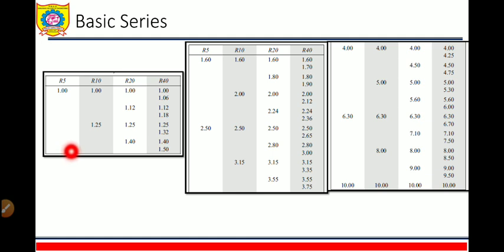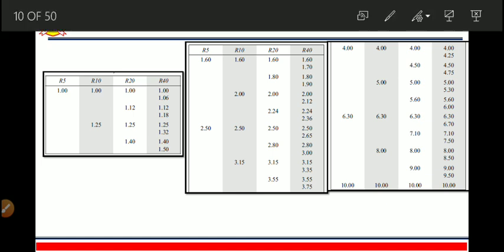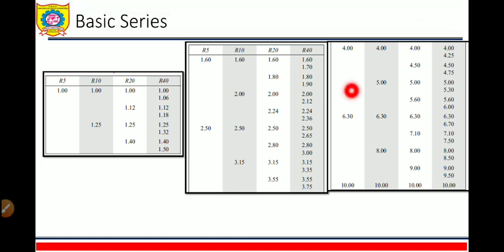So 1 into 1.58, I am getting 1.58, which is approximately 1.60 after rounding off. 1.60 into 1.58, I am getting 2.5. 2.5 into 1.58, I am getting 4. 4 into 1.58, I am getting 6.3, and 6.3 into 1.58, I am getting 10.